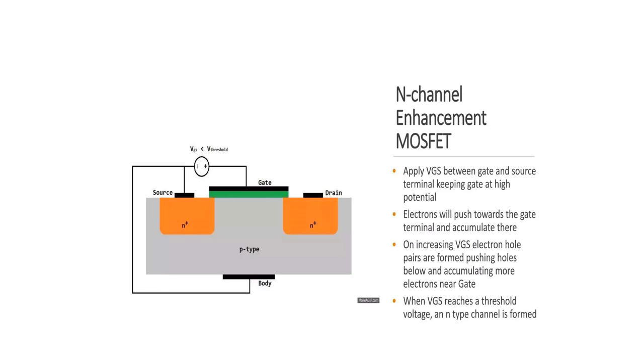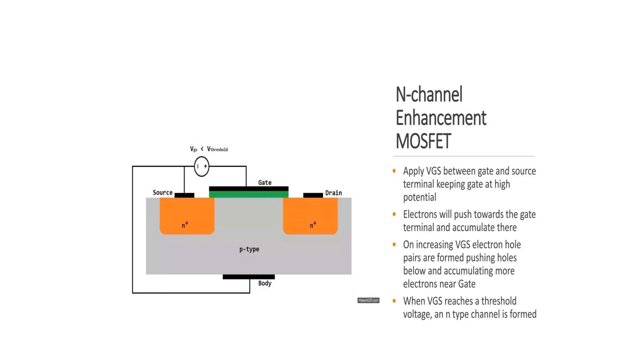So to summarize, if VGS is less than the threshold voltage, there is no channel. If VGS is more than the threshold voltage, the channel is established.